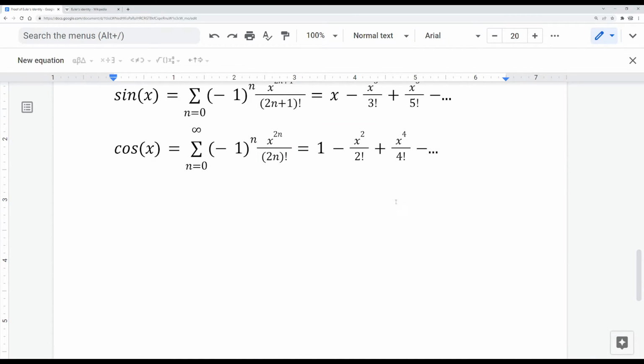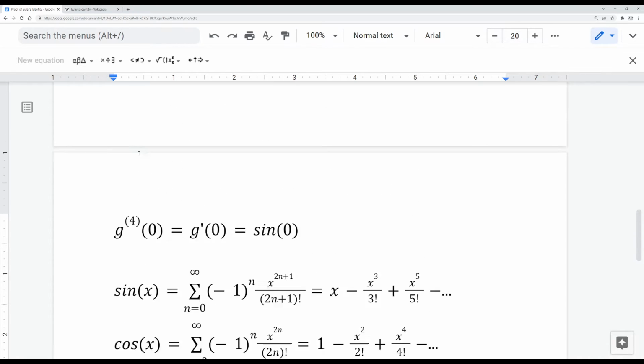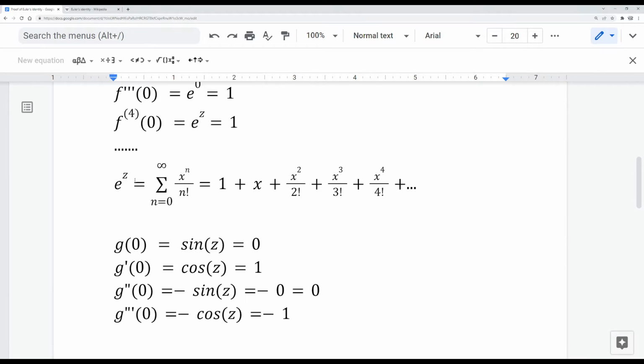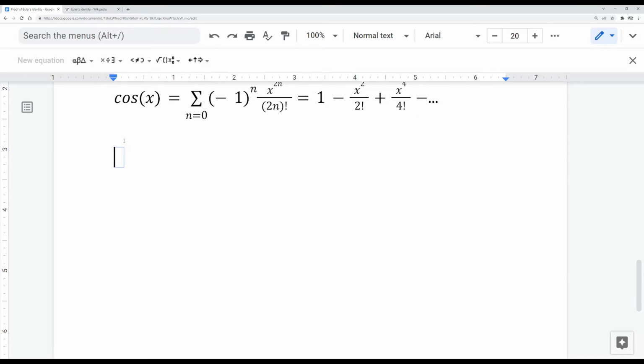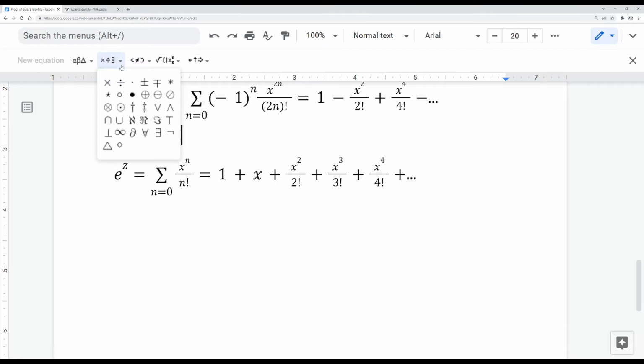Now we are going to do the real proving part. So let us do something with this z thing here. We're going to copy and paste this down here. But let us say z is equal to, since it's a complex number here, right?